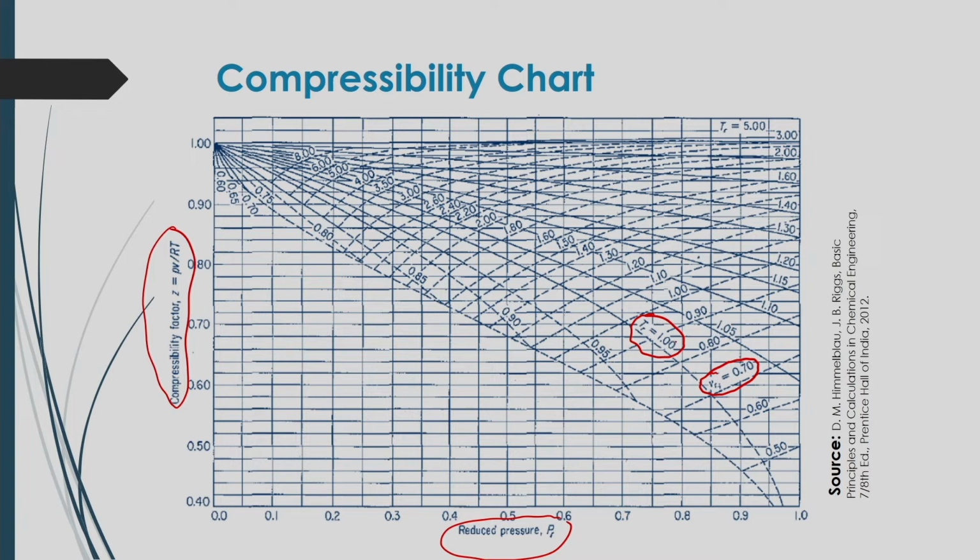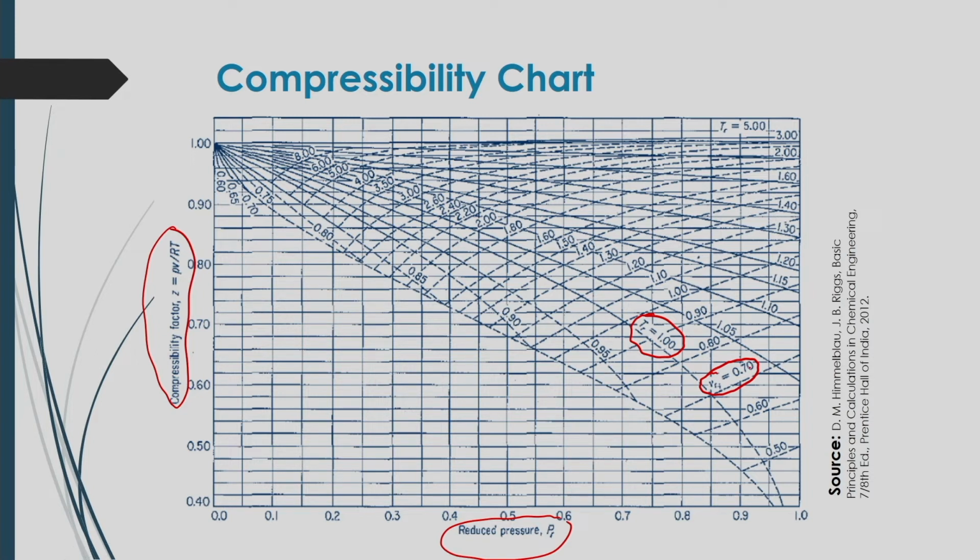So, at a particular reduced temperature, that means T by Tc, and also reduced molar volume, if you know those, then you can easily calculate the compressibility factor at a particular reduced pressure. Let us take some gas here.